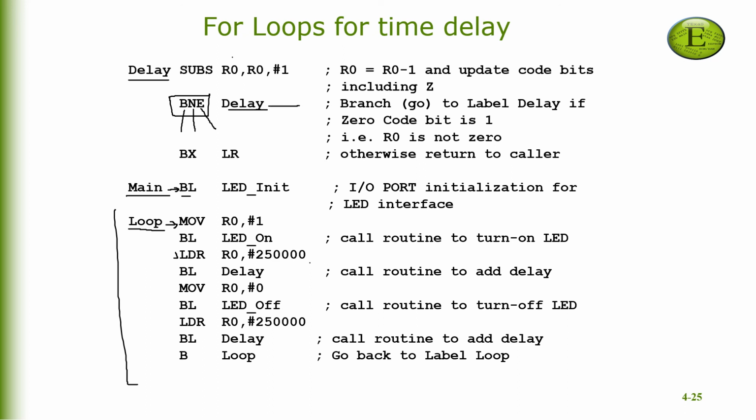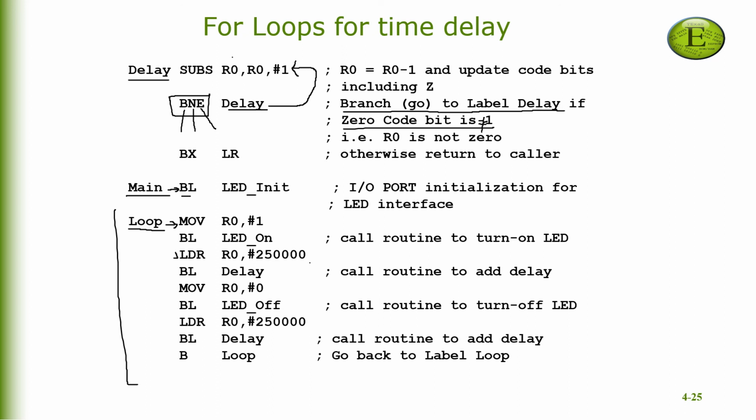Now remember, delay is actually the label of the routine. It corresponds to the label of the first instruction of the routine. It says go to the label delay if the Z code bit is not equal to 1. So make a correction here, this is not equal to 1.